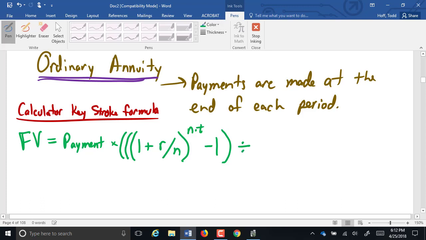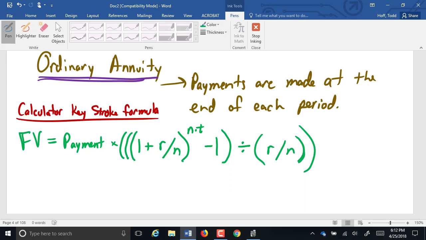Divided by, open parentheses, R divided by N, close parentheses, and close parentheses once again. There is our full formula in all its glory.